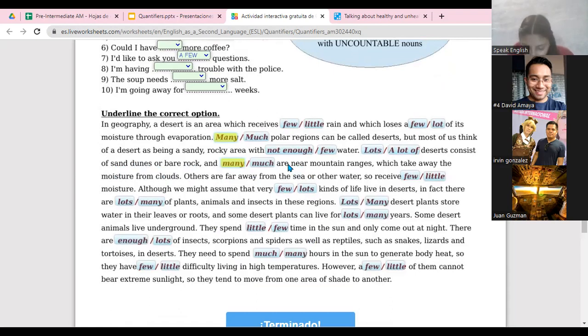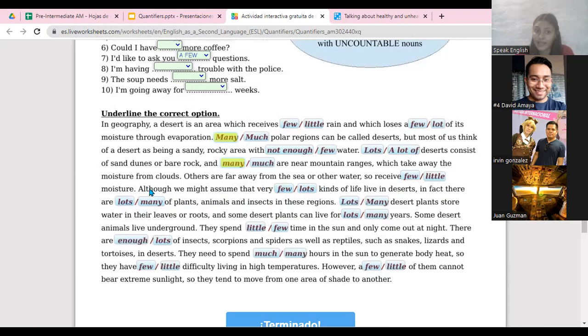Let me see what else. Although we might assume that very few kinds of life live in deserts, in fact, there are a lot or many of plants, animals, and insects in this region. Here you have to pay attention to context because those can be for plural.